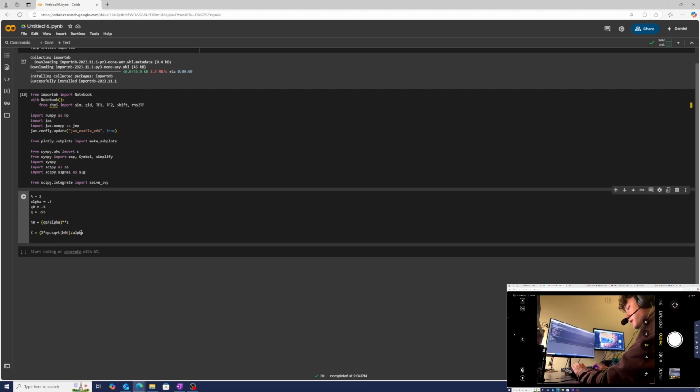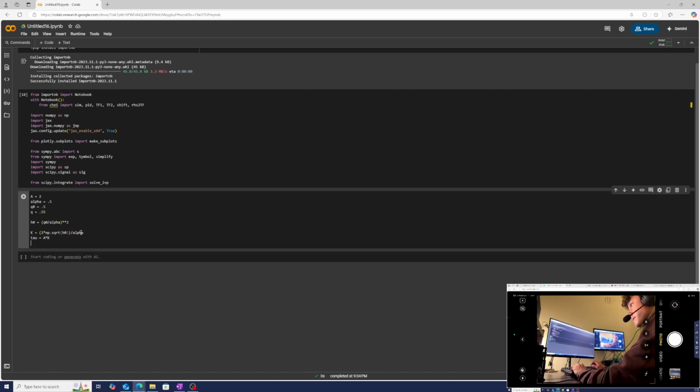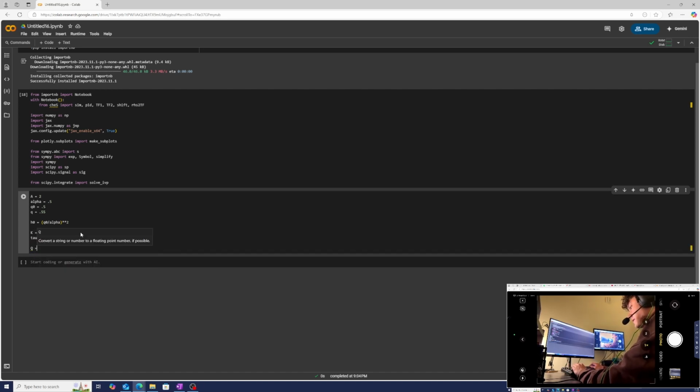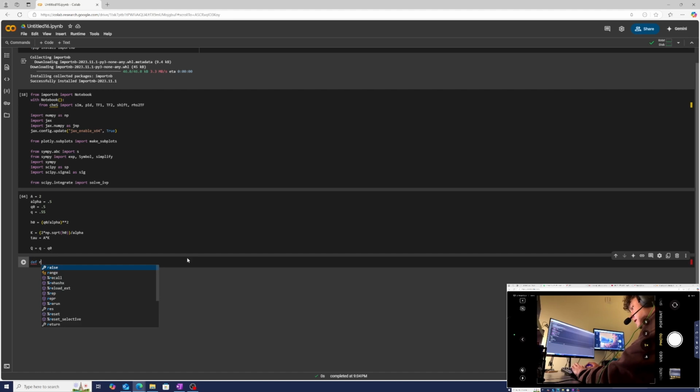We then need our tau, which is going to be equal to our cross-sectional area times our k. And lastly, our big Q, which is going to be equal to our Q minus our Q0. So now we'll get our exact solution. Our right-hand side, we'll define right-hand side as a function of time and height.